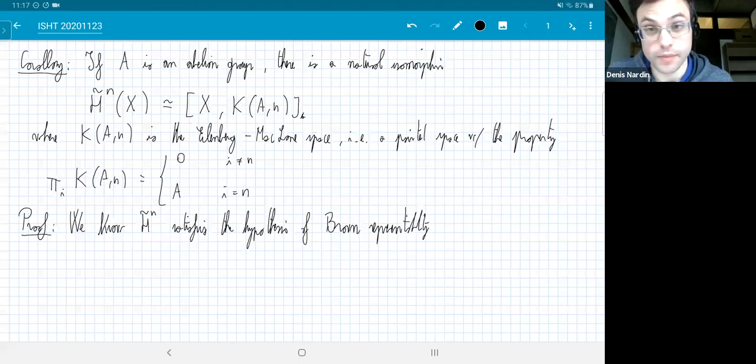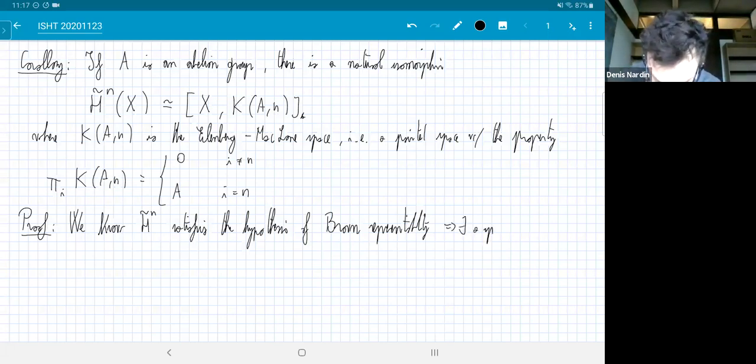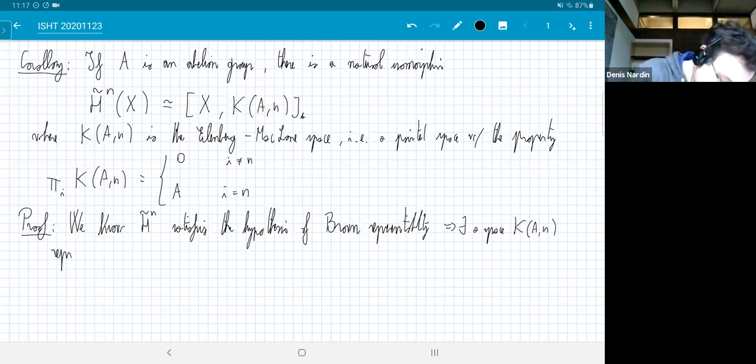We did a discussion last time using a trick with H tilde of the suspension to reduce to the case of connected spaces. So there exists a space K(A, N) representing it.